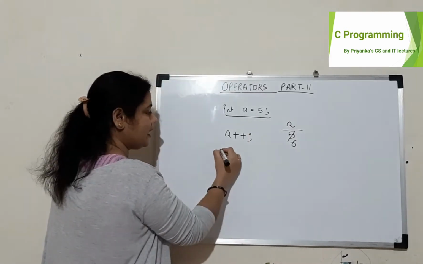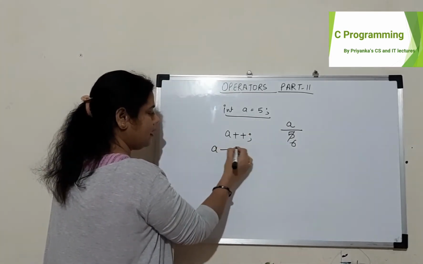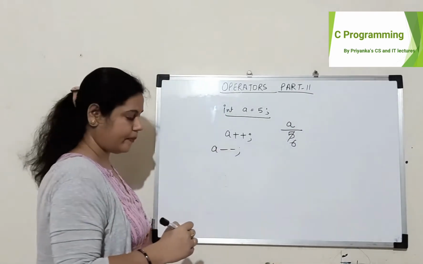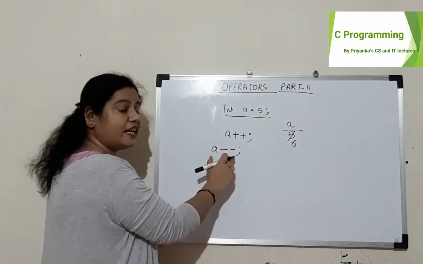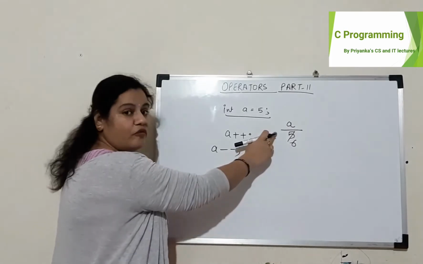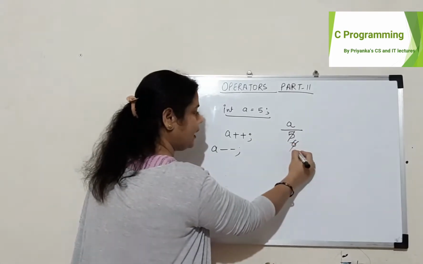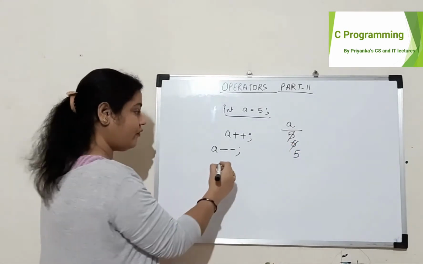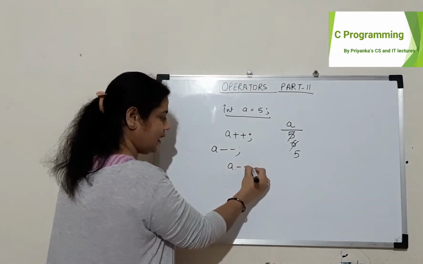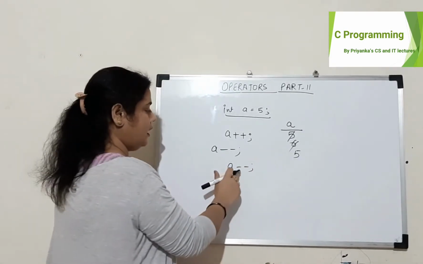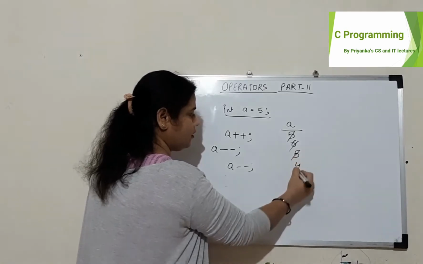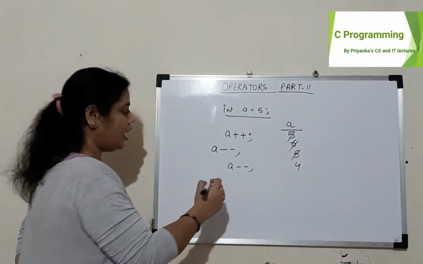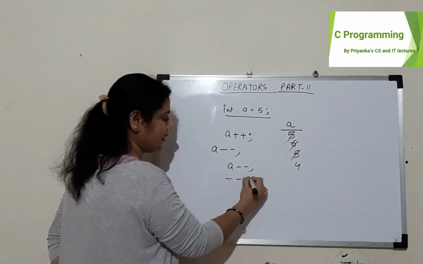If I say --a, then it will decrease the latest value of a by 1, so it becomes 5 again. If I say a-- again, it decreases the value again and it becomes 4. Now I am using --a.